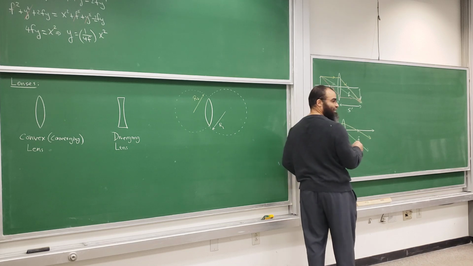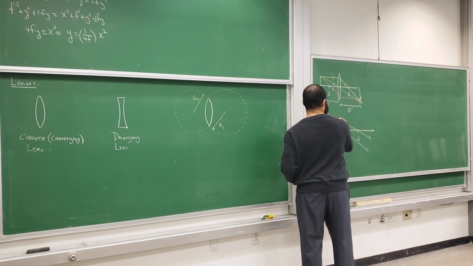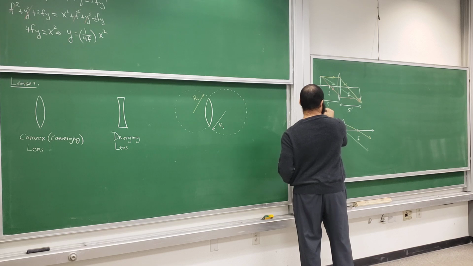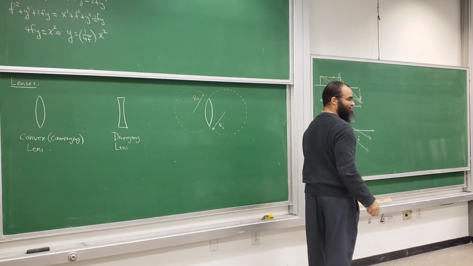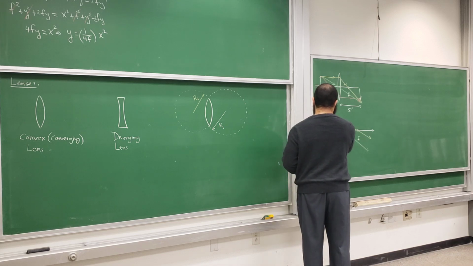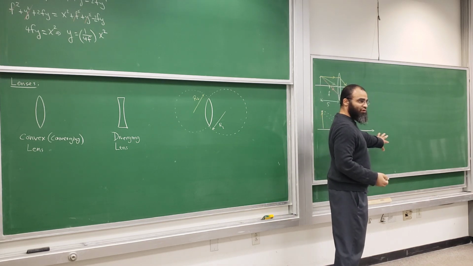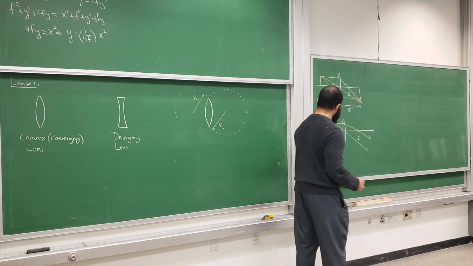Would it be blurry? It will be a virtual image. Right? So the image, in this case, you see how the image is not on the same side as the outgoing ray. The outgoing rays are on one side, the image is on this side.